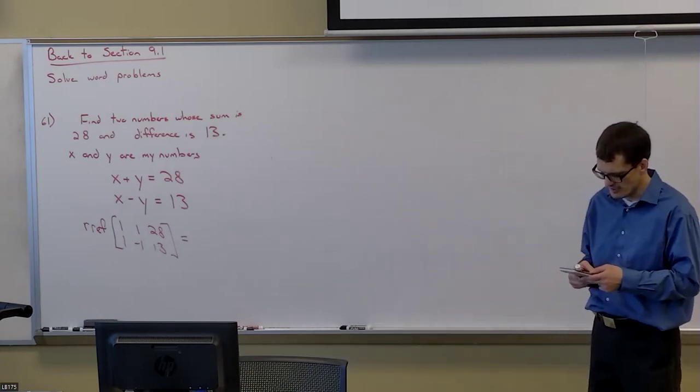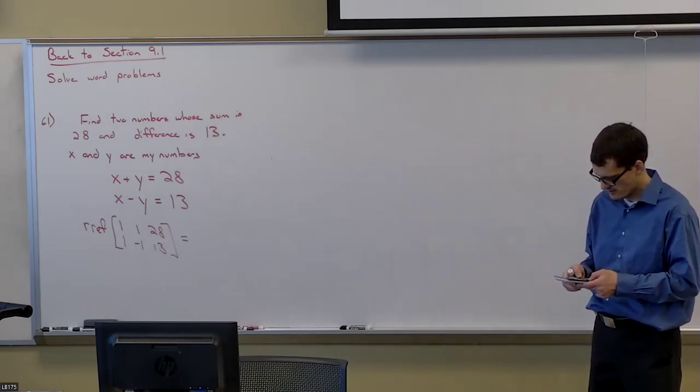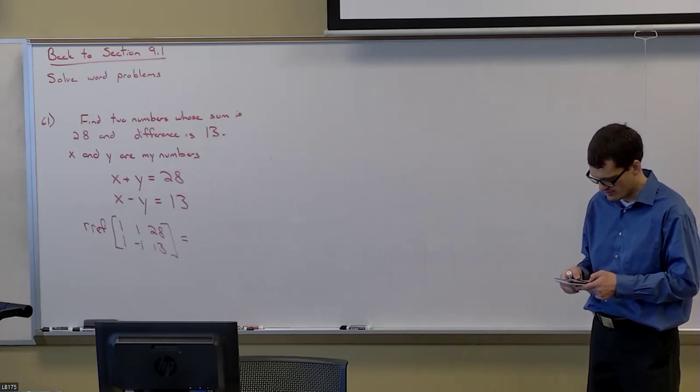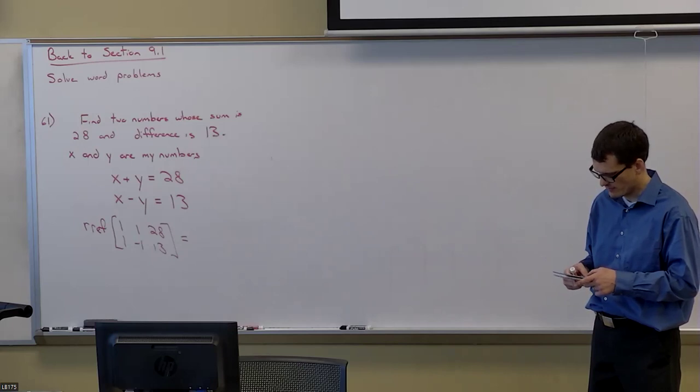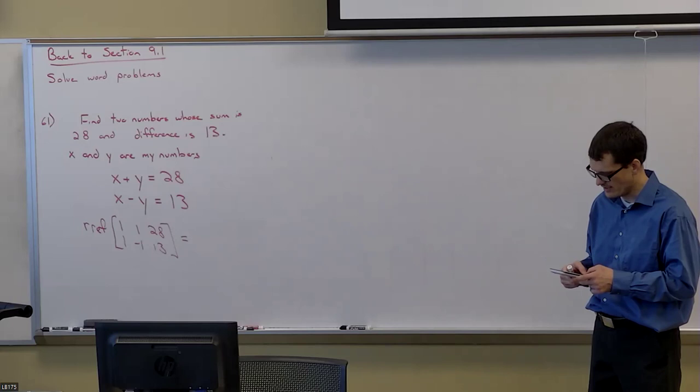So my first line in my augmented matrix, going to be a 2x3 augmented matrix, is 1, 1, 28. My second line is going to be 1, -1, 13. Then I'm going to row reduced echelon form that.